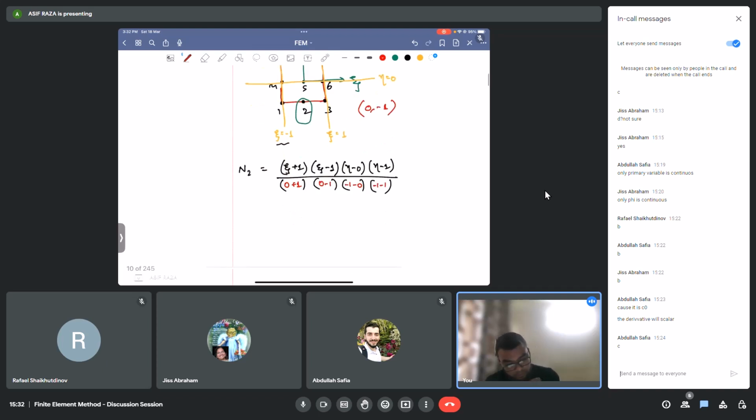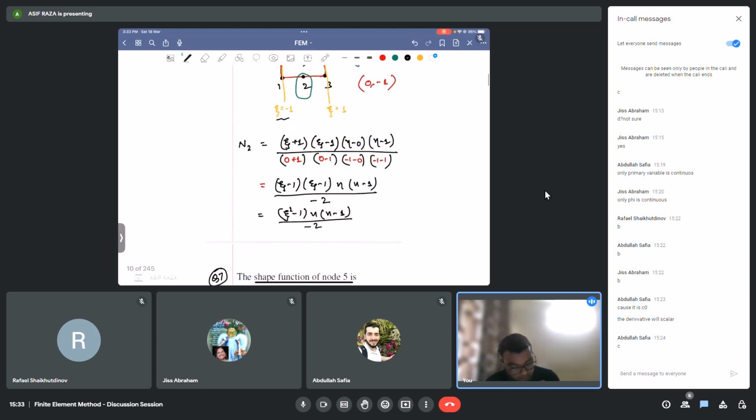So what we'll have here is xi plus 1, xi minus 1, eta, eta minus 1, and this is minus 1, this is minus 1, minus 1, this will give me plus 1, and this is minus 2, right? So finally we can write xi square minus 1, eta minus 1, minus 2.